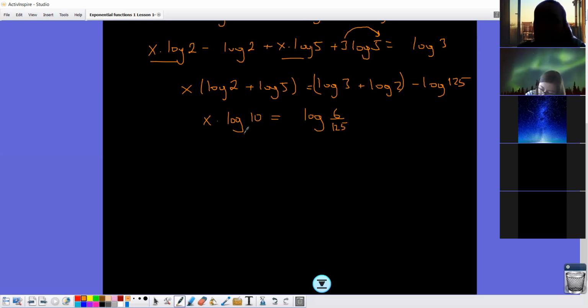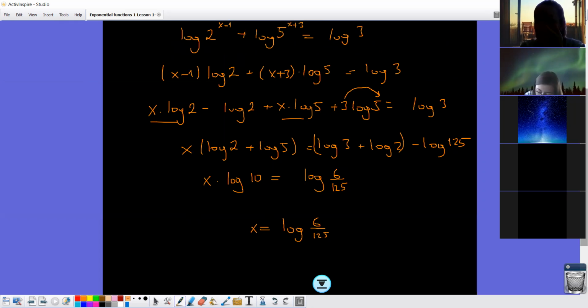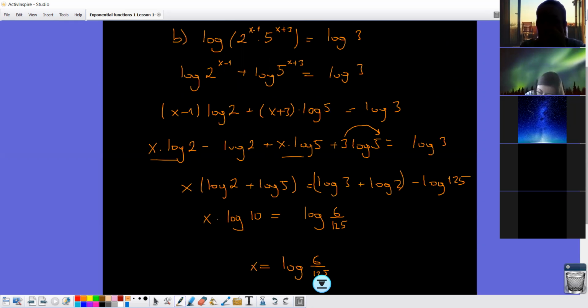Logarithm of 10 to the base 10, what will be? 1. So we have directly x is equal to logarithm of 6 over 125. Okay? Do you understand?